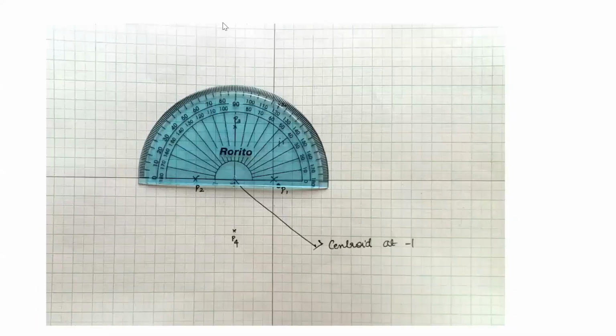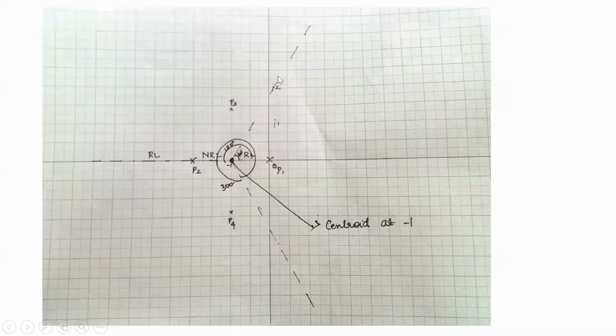Mark 60 degrees here, then 180 degrees here, then 300 will be somewhere here. Mark those points, then using dotted lines, connect them. These are the asymptotes.